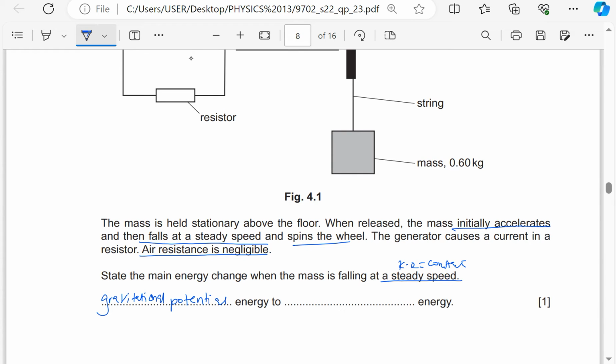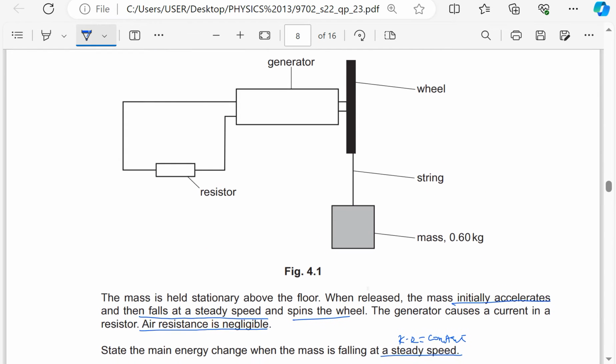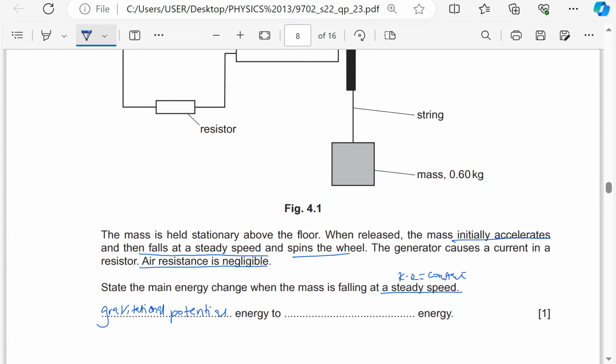the generator causes a current in a resistor. So if there's a current in a resistor, the gravitational potential energy must be changing to heat or thermal. Because the speed is constant, there is no gain in kinetic energy.